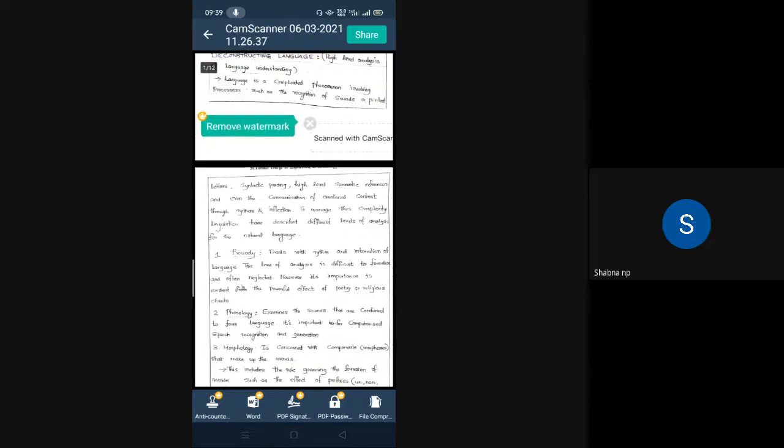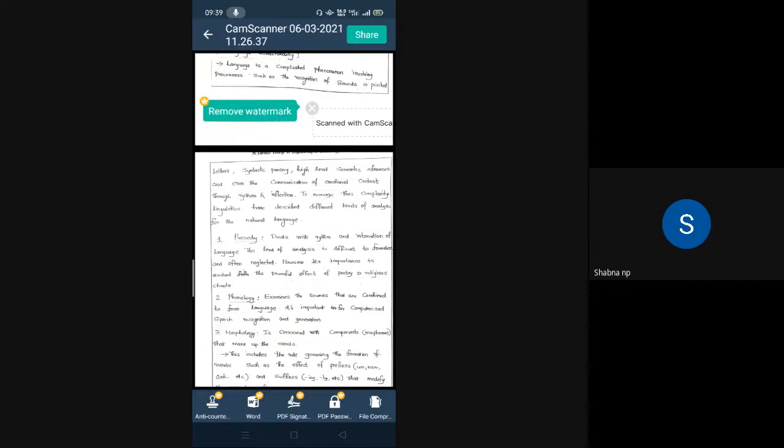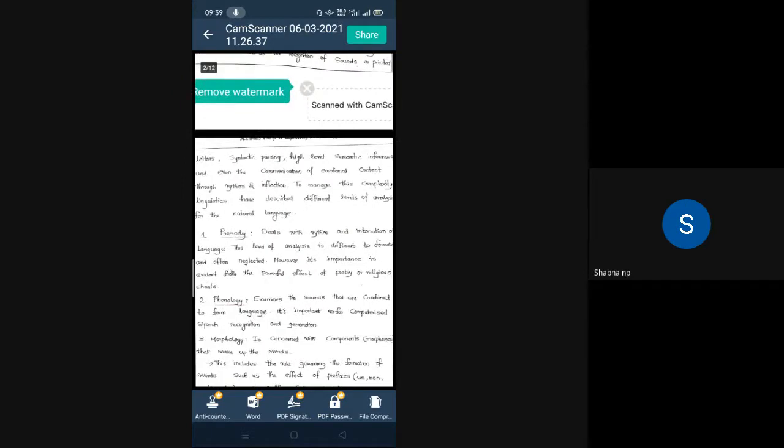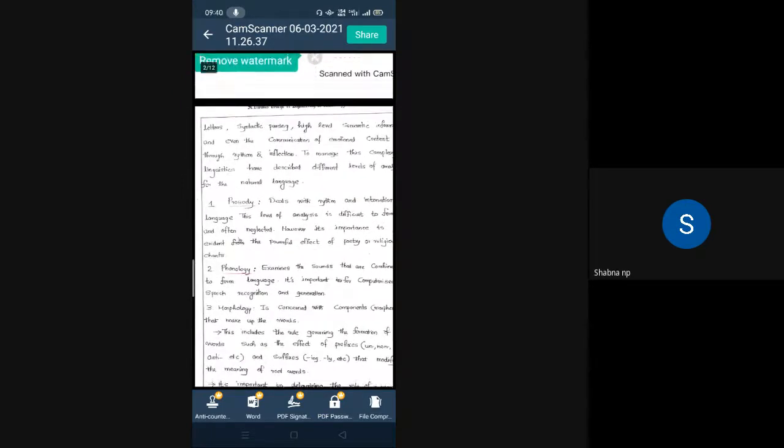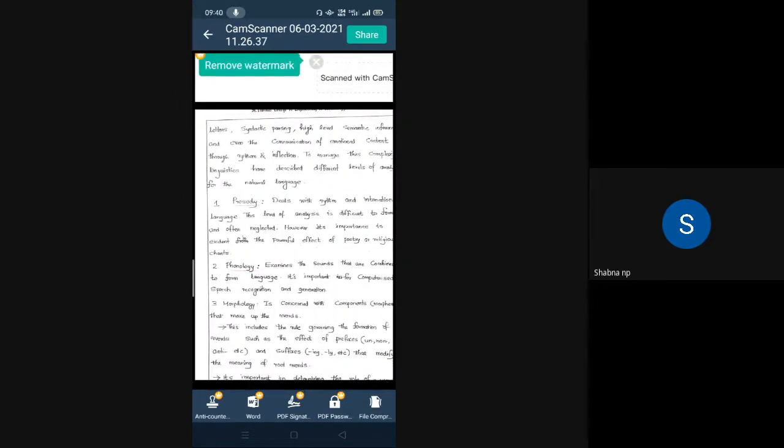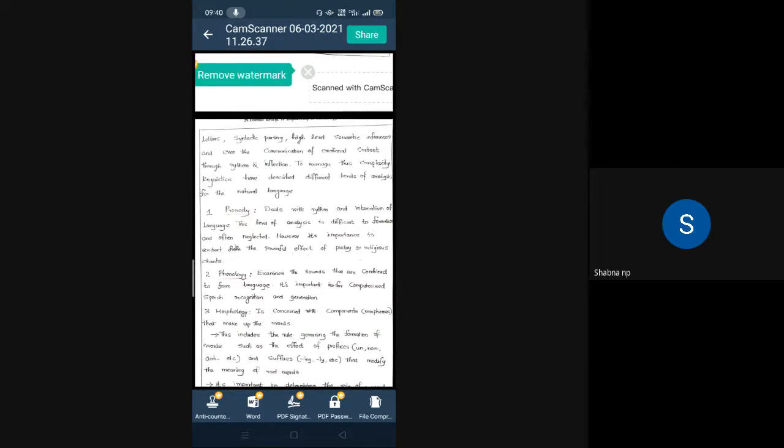To manage this complexity, linguists have described different levels of analysis for a natural language. One is prosody. What is meant by prosody? This type of analysis deals with the rhythm of the language.